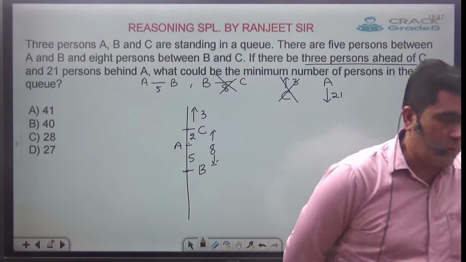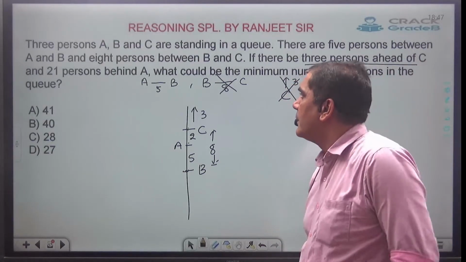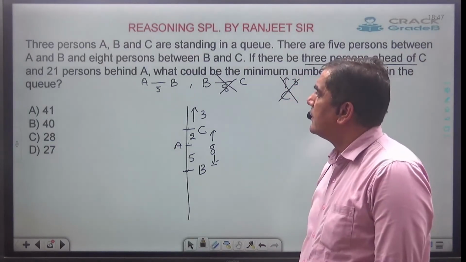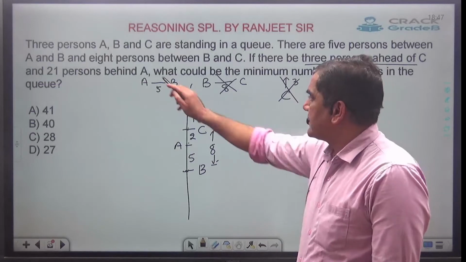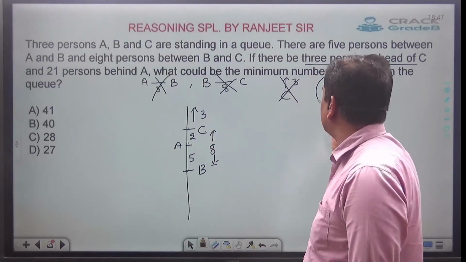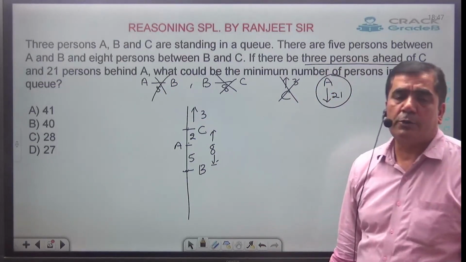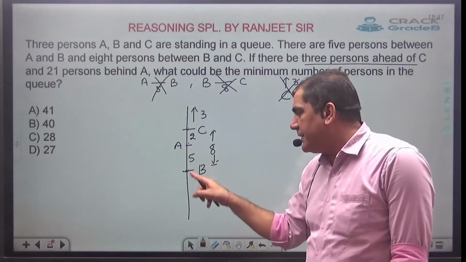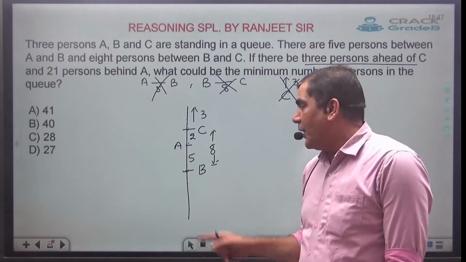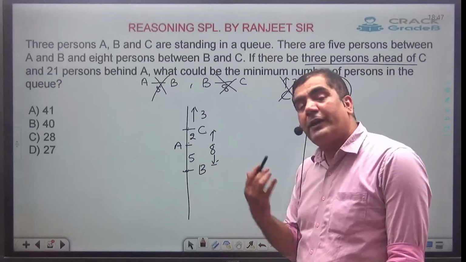Clear? Okay. Next one. And last, this condition is over, and they are saying 21 should be below A. Means after A there must be 21. Just see, out of this 21, this 5 and 6 have already come.